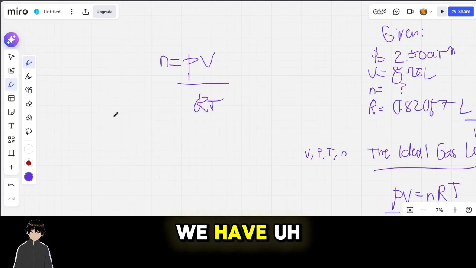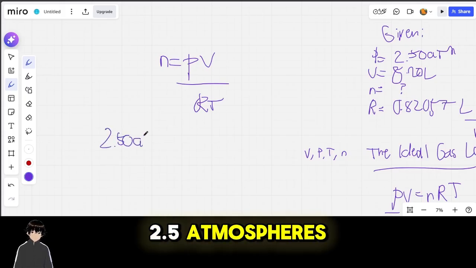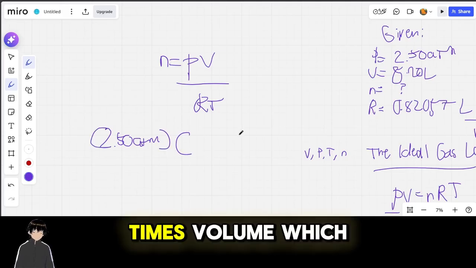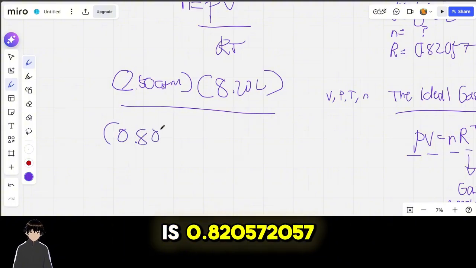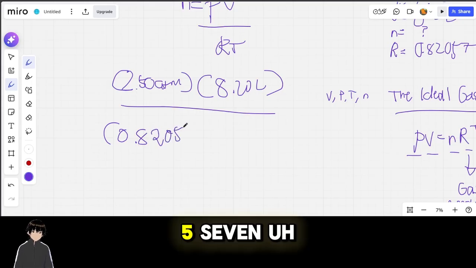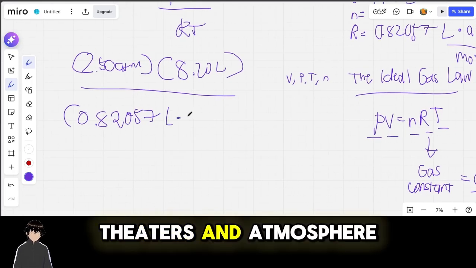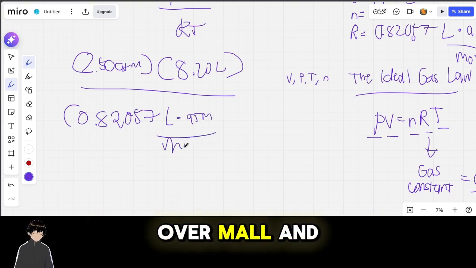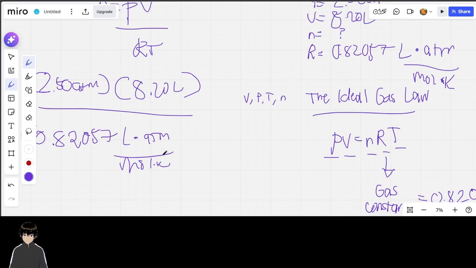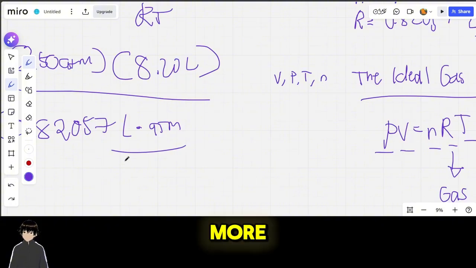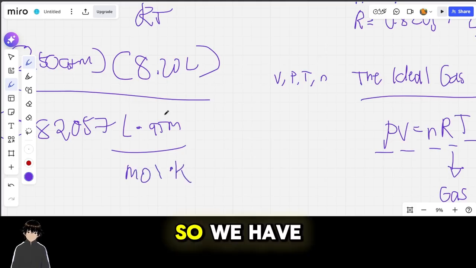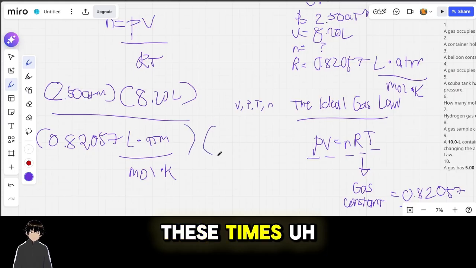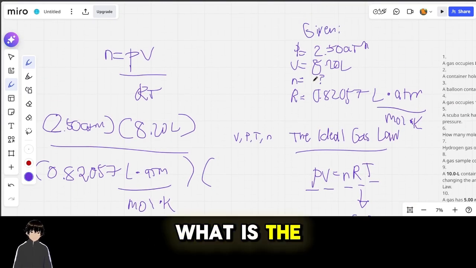We have 2.5 atmospheres times volume, which is 8.20 liters, over the gas constant, which is 0.82057 liters atmosphere over mole K. Then times what is the temperature?